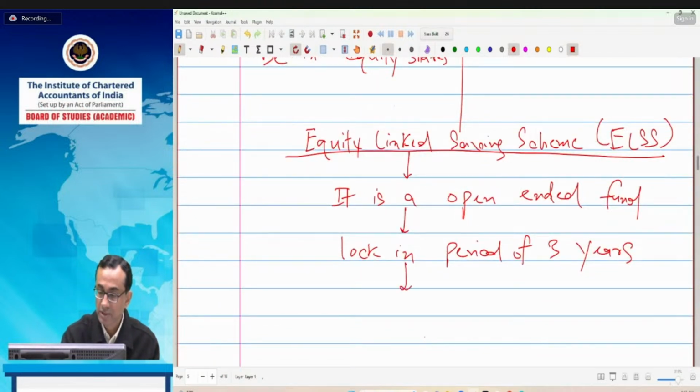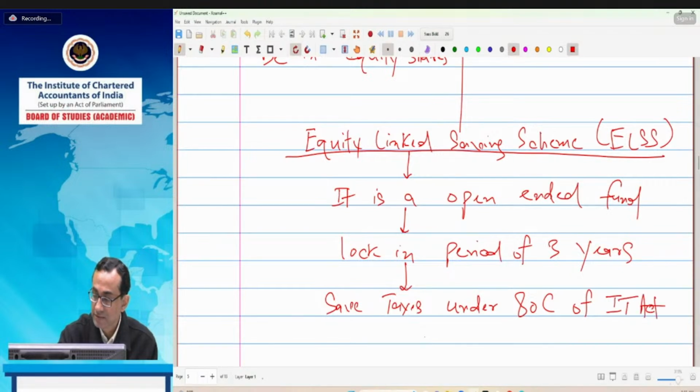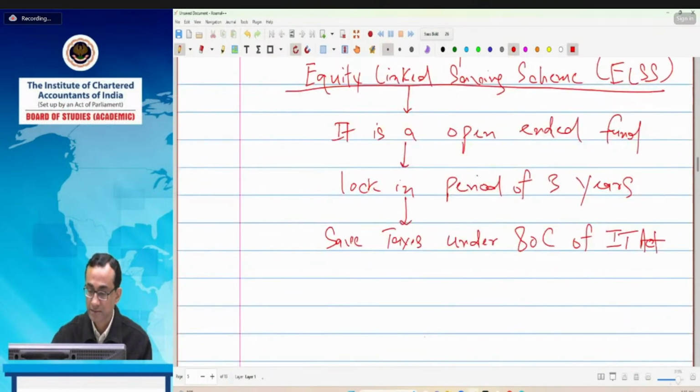And one of the main features, or you can say the main purpose of investing in an equity-linked savings scheme, is to save taxes under 80C of the Income Tax Act.